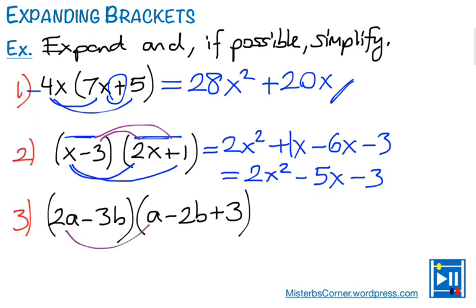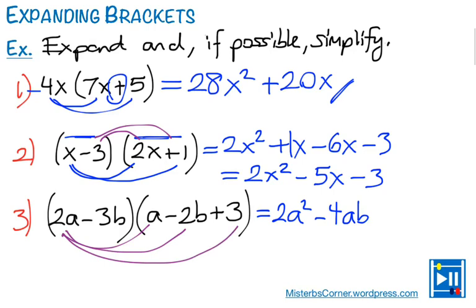So 2a times a is 2a squared. And then you have 2a times minus 2b, so it's going to be minus 4ab. And then you have 2a times 3, which will be plus 6a, right? And then I go on now with minus 3b here. Minus 3b times a, it's going to be minus 3ab.